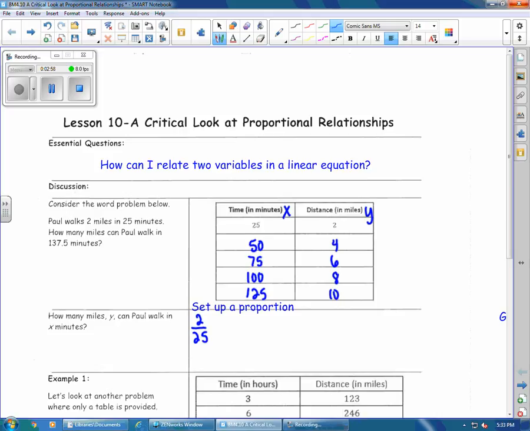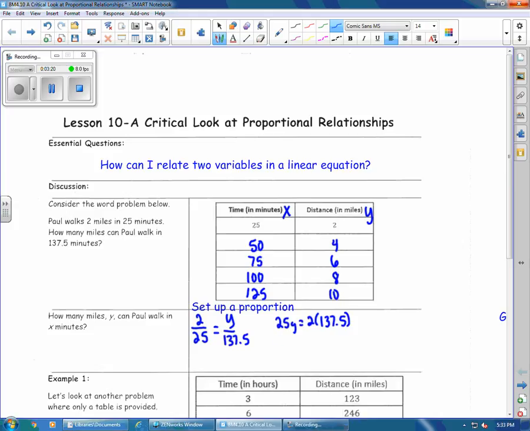And then I don't know how far he's going. That's what I'm trying to solve. So I'm going to call that y. And we're saying it's 137.5 minutes. So I can use my cross products property. So 25y equals 2 times 137.5.